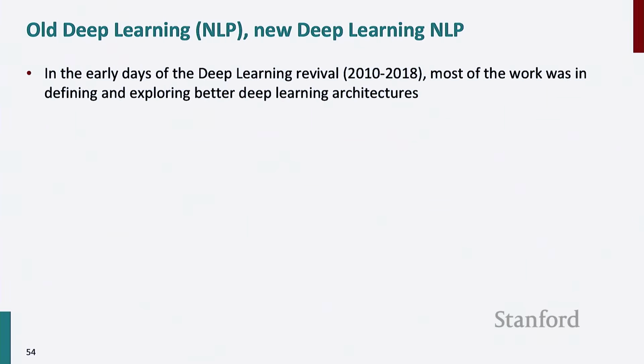In the early days of the deep learning revival, most of the work in people's papers was trying to find better deep learning architectures. So that would be, here is some question answering system. I've got an idea of how I could add attention in some new place, or I could add a new layer into the neural network, and the numbers will go up.